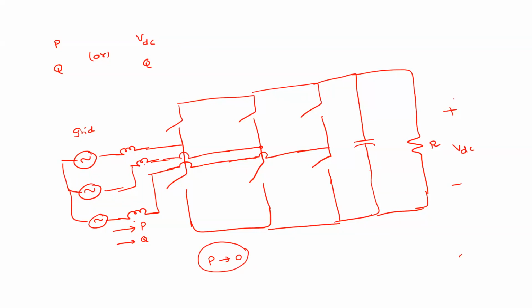You just observe that we have this element, right? Whatever the injected power, this is PAC, which is equal to PDC. Agree? The inverter is ideal. So PAC is PDC. So what is PDC here?